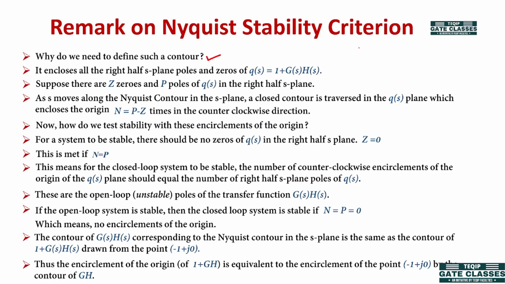As we have seen in the previous slide, our Nyquist contour encloses the complete right half of the S plane, that is, a radius with R tends to infinity.